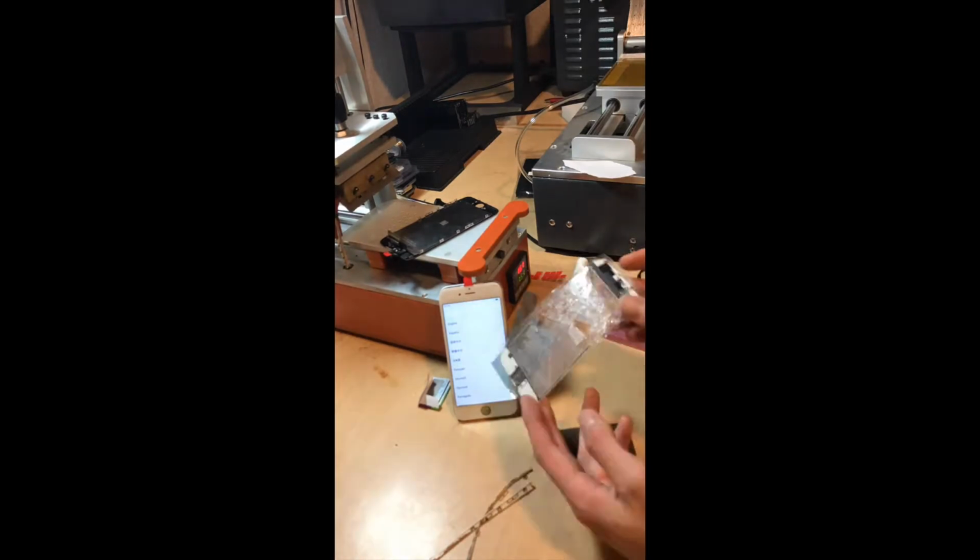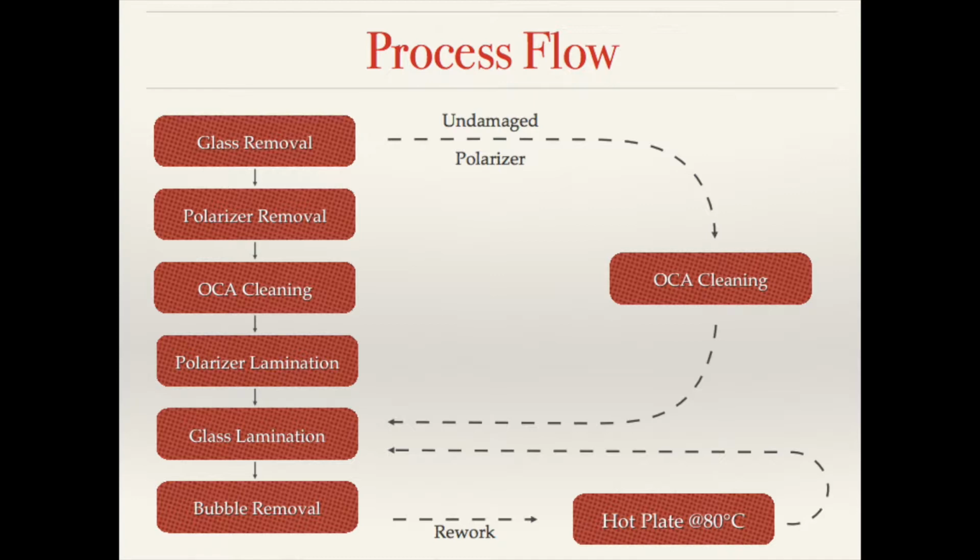It can be noted from this process flow that modifications to the original process flow had to be made as the process began to be followed, one of which was bypassing polarizer removal and lamination and simply cleaning the OCA from the polarizer film. This is only possible if the film remained intact after glass removal.